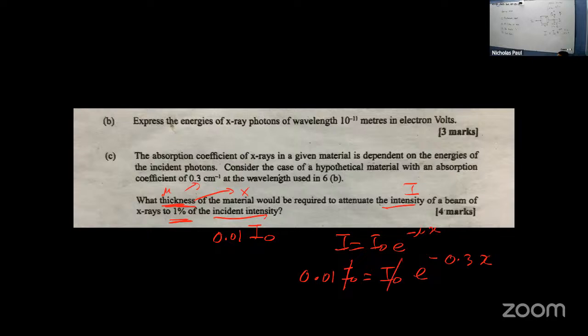And here's where your little math comes in. You take log on both sides. So you'll get ln 0.01 is equal to ln e minus 0.3x.